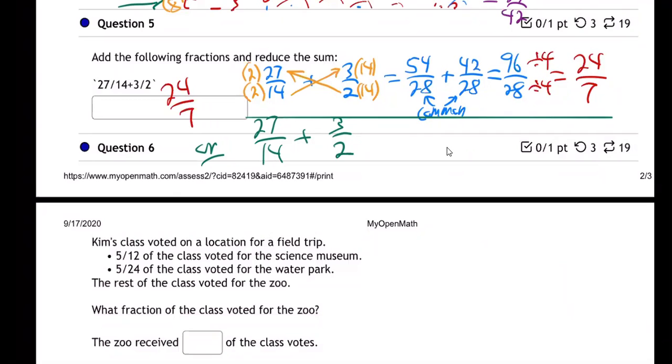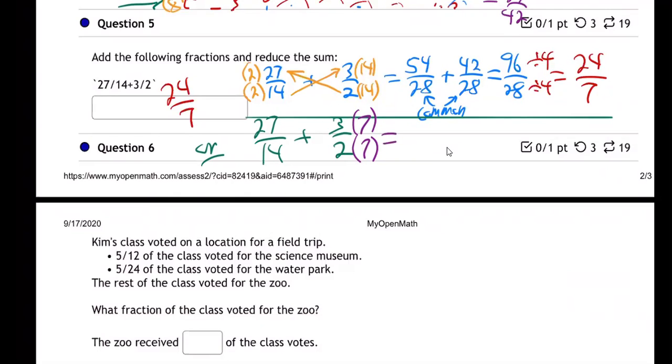What would I do to make them both have 14 as their least common denominator? That's the lowest common denominator. What do I got to multiply top and bottom of that guy by? 7.